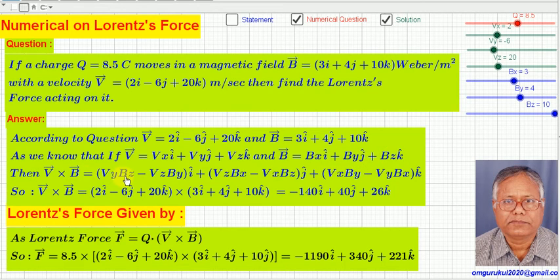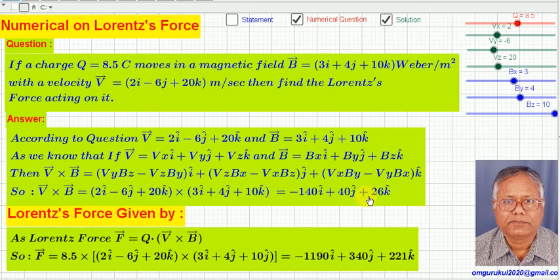Then v cross B will be (vy bz minus vz by) i plus (vz bx minus vx bz) j plus (vx by minus vy bx) k, where i, j, k are unit vectors along the x axis, y axis and z axis. It is well known. So if you calculate v cross B, you will get this much.